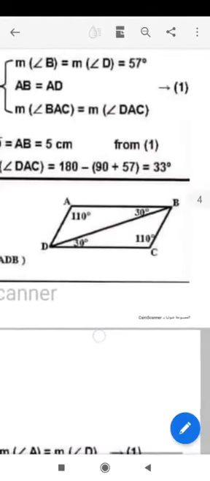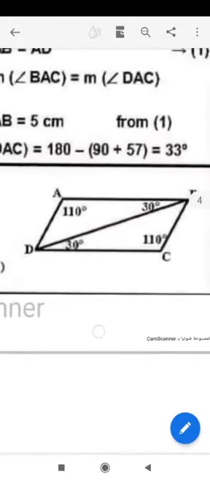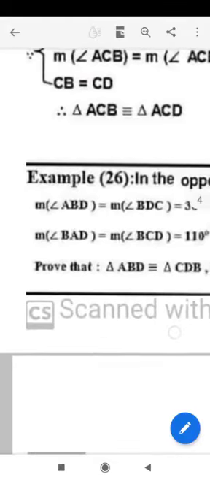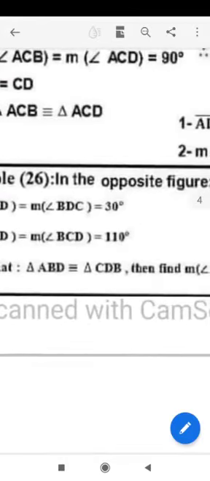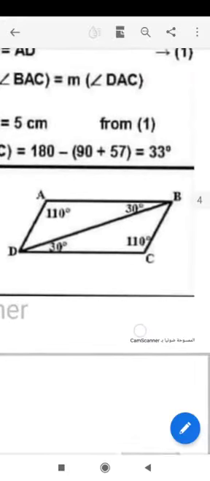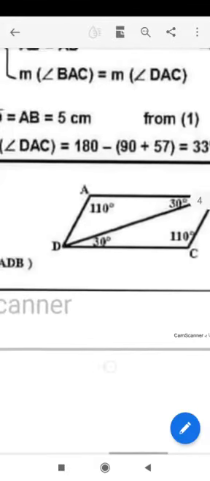Again, in the opposite figure, we find two triangles. Measure of angle C equals measure of angle A equals 110. Measure of angle ABD equals measure of angle DBC equals 30. Prove that the first triangle is congruent to the second triangle.